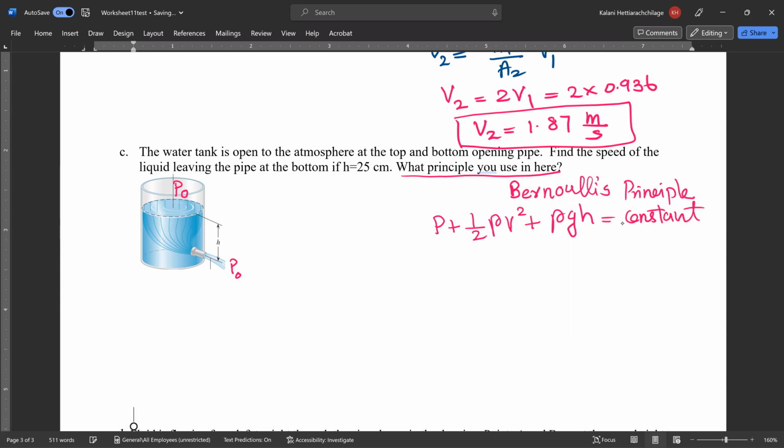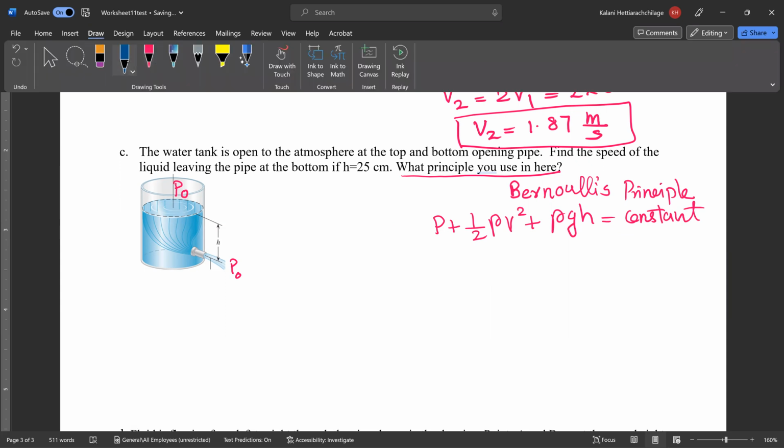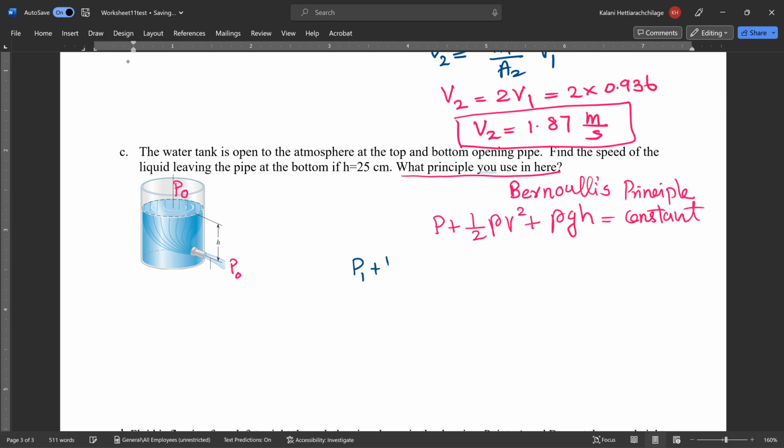What that means is if I choose any two points in this process, I can write pressure at one point plus half density, and the liquid is the same here, so the density at 1 and 2 will be the same. Because of that, I will just write rho. Then rho g H1 should be equal to the second place, pressure plus half rho velocity 2 squared plus rho g H2.